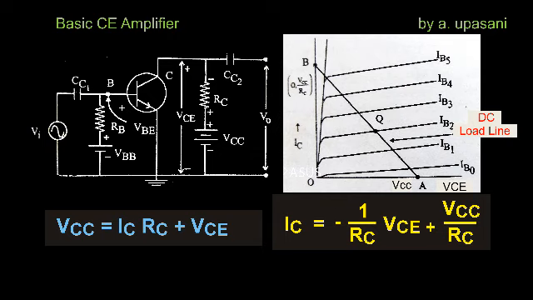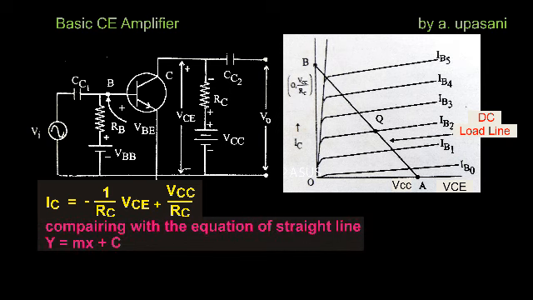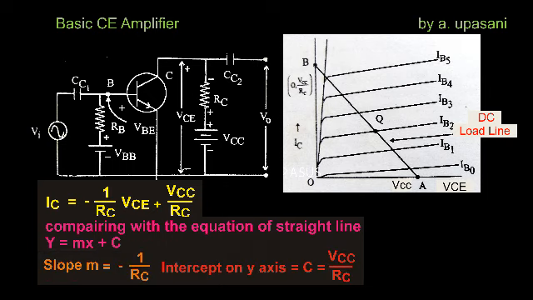Now this equation is the same as the equation for a line, that is y = mx + c. The slope of this line can be expressed as m = -1/RC, and the intercept on the y axis will be c = VCC/RC.